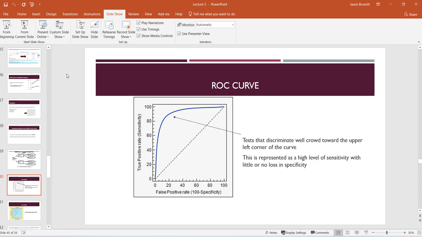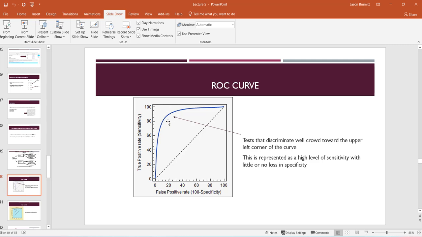And with the ROC curve, again, SPSS, easy to perform. I'm sure in Intellectus there's an easy way to do it too. Basically, what we're trying to do is to plot a number that is in this upper left corner area here.